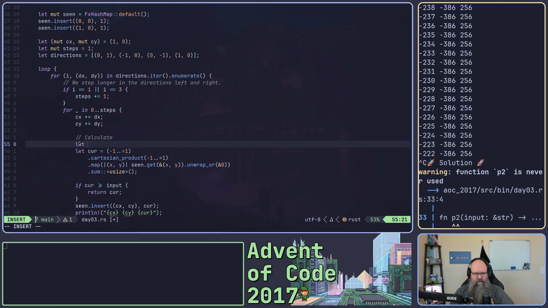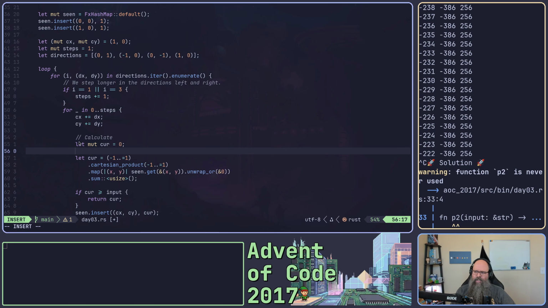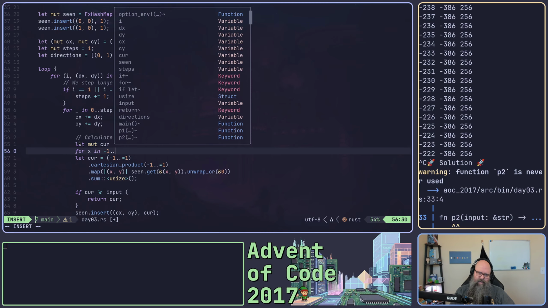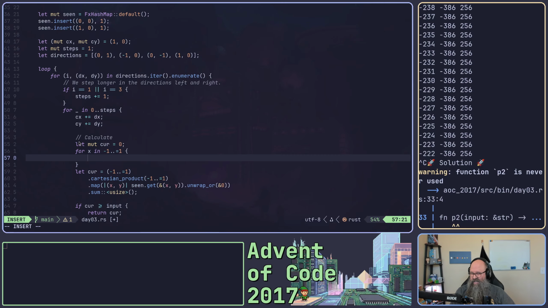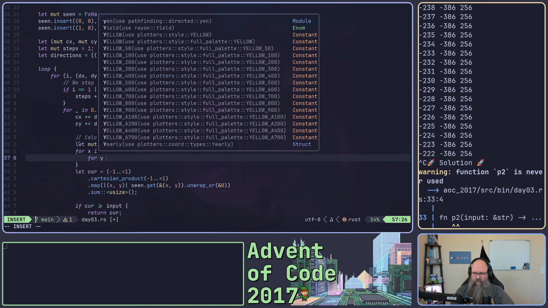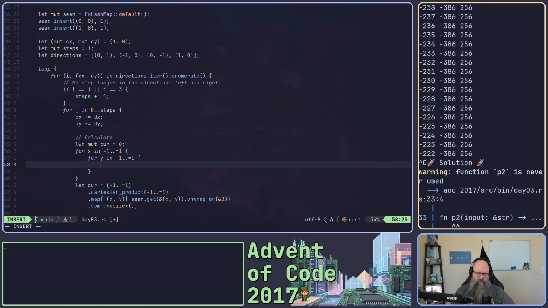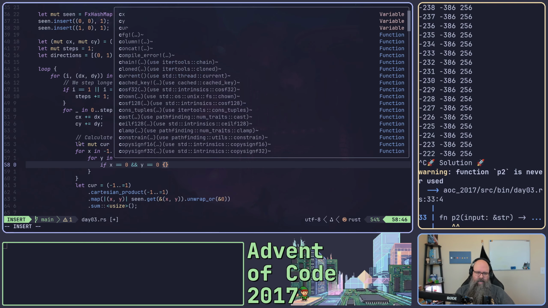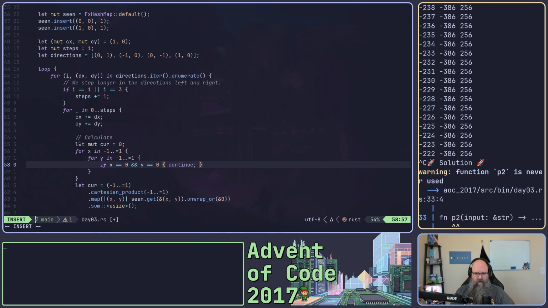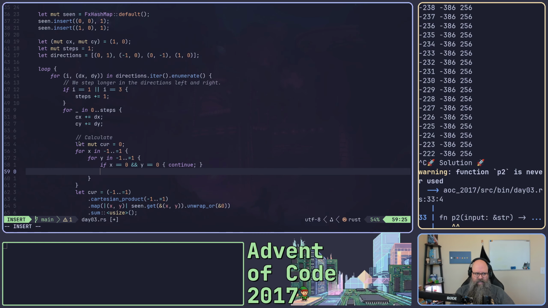So I mean, I can just do it like this, for x in -1 dot equal 1, right? Then for y in -1 dot equal 1, if x equals 0 and y equals 0. This is what I was trying to do with that filter, right? We don't want to test this case.